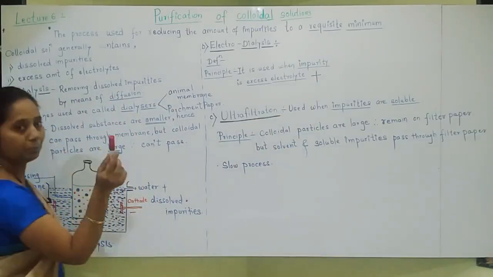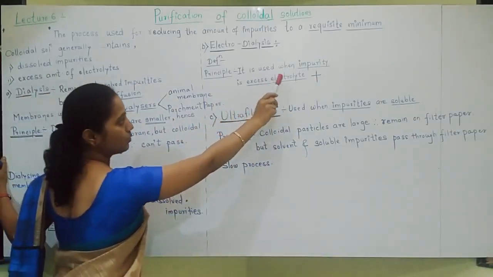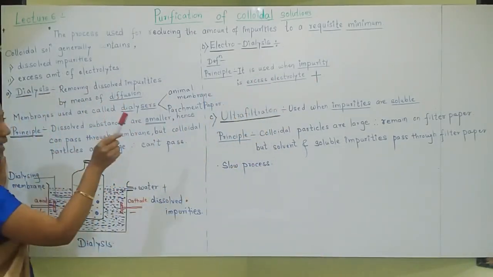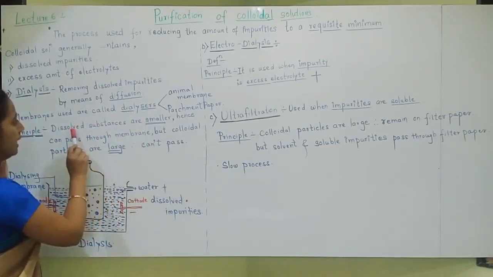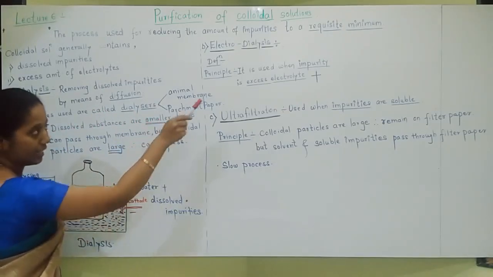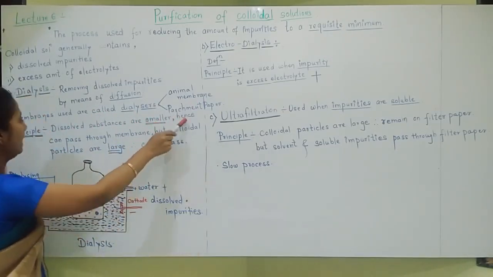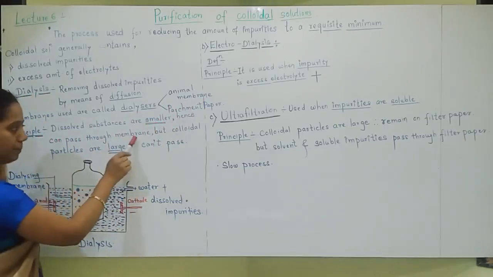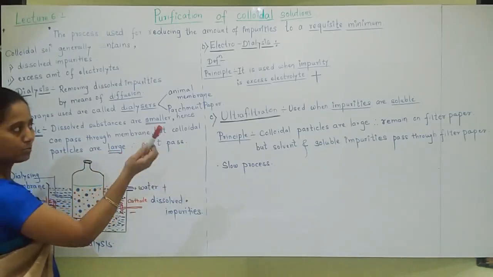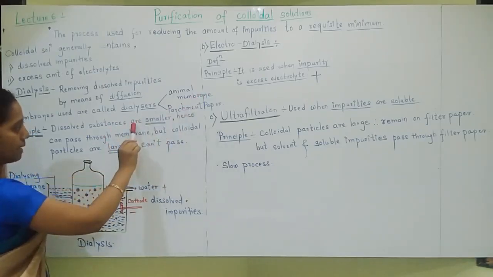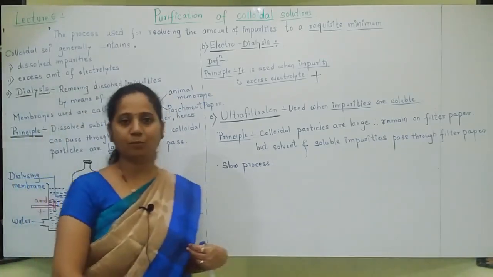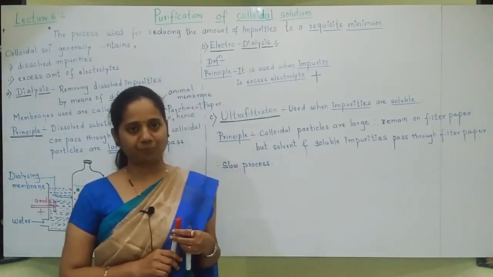So your principle becomes: it is used when the impurity is excess electrolyte, and excess electrolyte particles are smaller, so they can pass through the membrane, but colloidal particles are large and therefore can't pass. Excess electrolyte will come out, leaving behind pure colloidal solution.